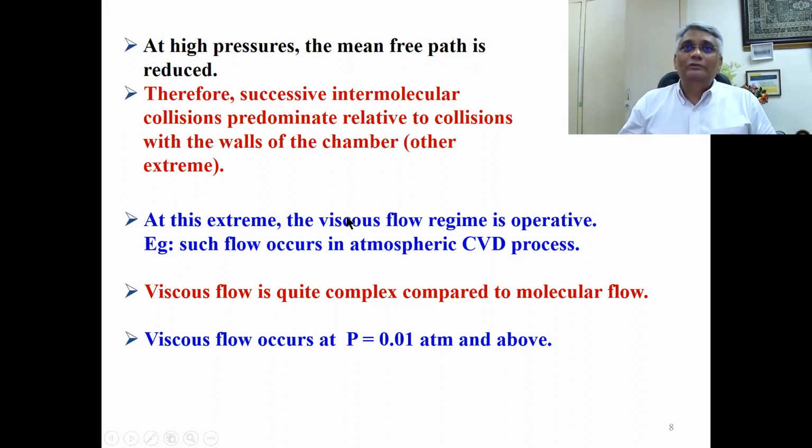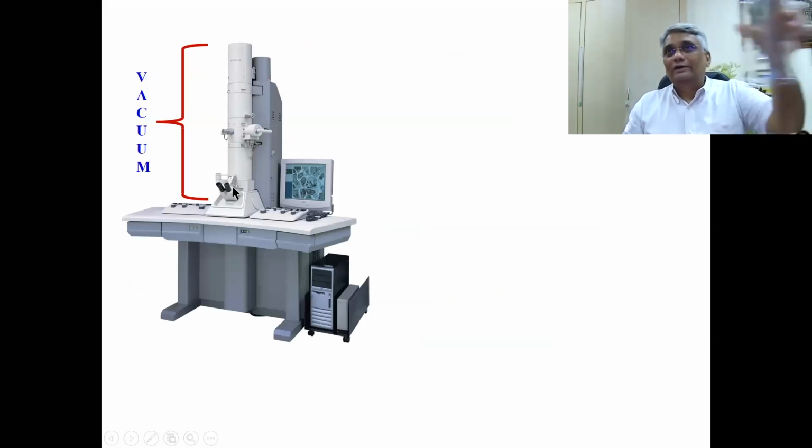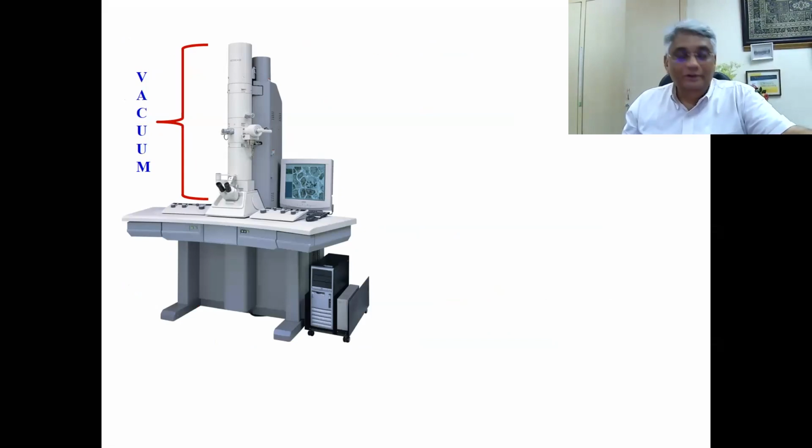At that extreme, you have the viscous flow. So you have molecular flow on the one side, the viscous flow regime on the other side. It happens in these columns and also inside the thin film growth chambers during the growth process, depending on whether you have a complete vacuum or some gas present at a certain partial pressure.